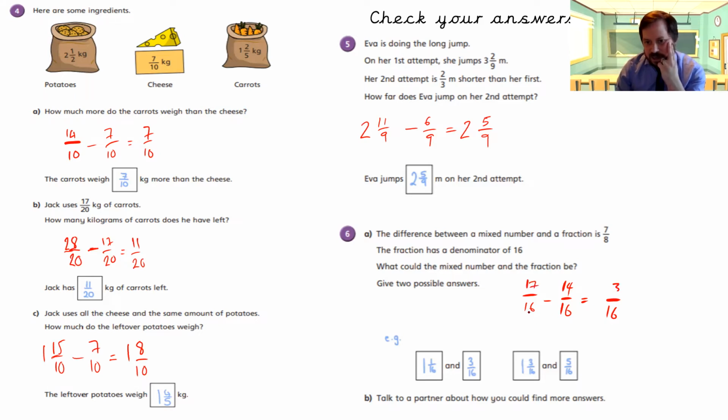So that's our answer there. And then you could change it so you had 1 here and 2 here. And then you add 16, that's 18, minus 14 will be 4/16, and so on and so on. And there are thousands of combinations, but as long as you get the idea right, then you'll come up with some.